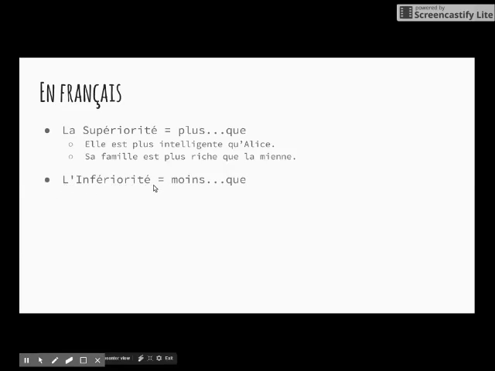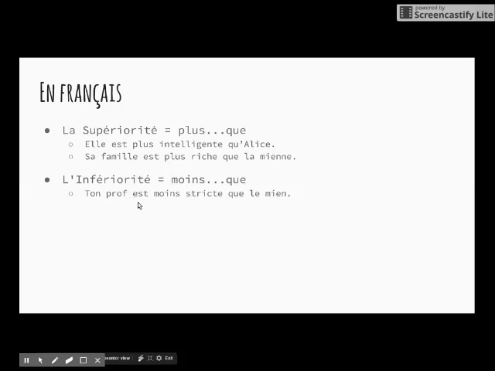Pour l'infériorité, on utilise moins, adjectif, que. Ton prof est moins strict que le mien. Hein? Ton prof est moins strict que le mien. Voilà, ton prof, c'est le nom, le sujet.